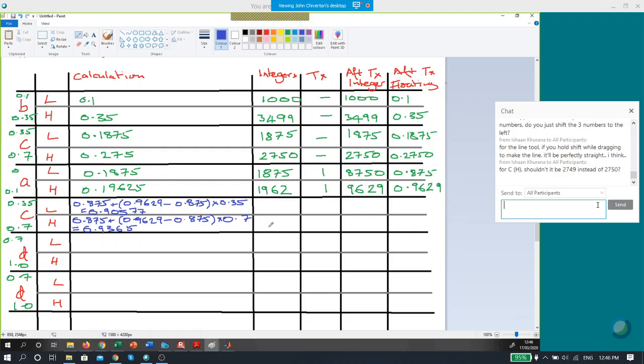Oh, we got some questions, Ashan. So we've got 2749 instead of 2750. Oh, good point. Yes, thank you. That's right. Thank you, Ashan. So that should be a 49 there, shouldn't it? 49. But then the floating point one is above that, isn't it?